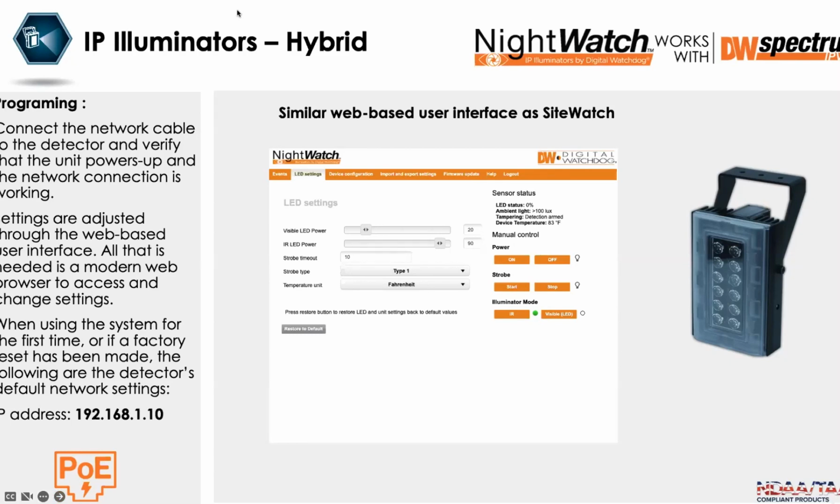There's not a DHCP option on these, because if you set it for DHCP, you don't have a way to find it. So therefore, it is a static device only. I had lost mine on my service, and I was able to find it using an ARP table, but that's not something that everybody can do, and not something you want us to have to support. So just be aware you need to set them static and set them up individually.